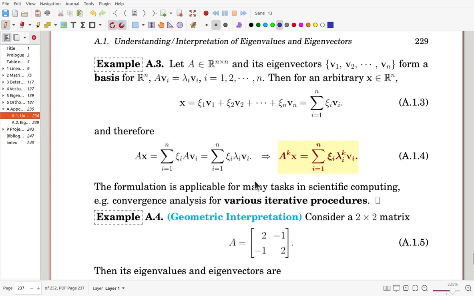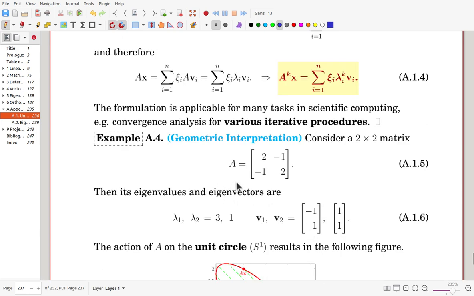Now we consider a geometric interpretation of eigenvalues and eigenvectors. We start with this simple 2 by 2 matrix, 2, minus 1, minus 1, and 2. Then its eigenvalues and eigenvectors are here. The larger eigenvalue is 3 and the smaller one is 1.